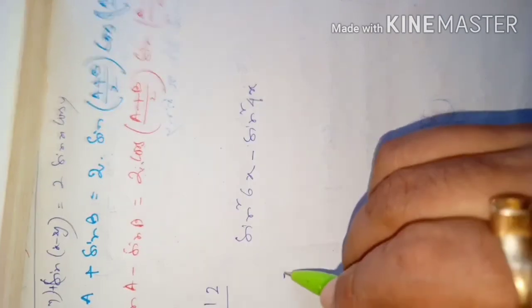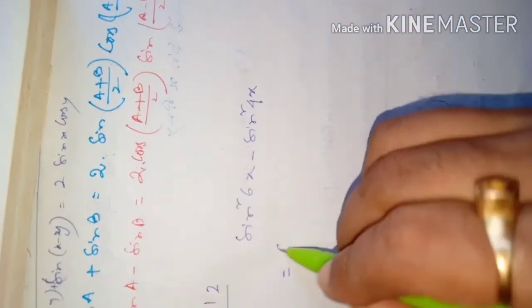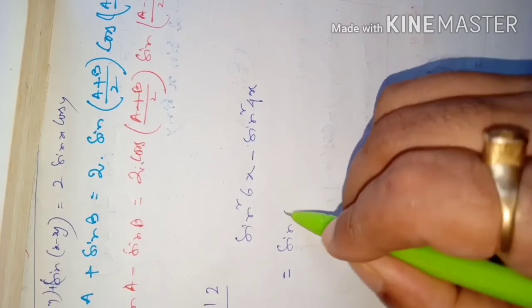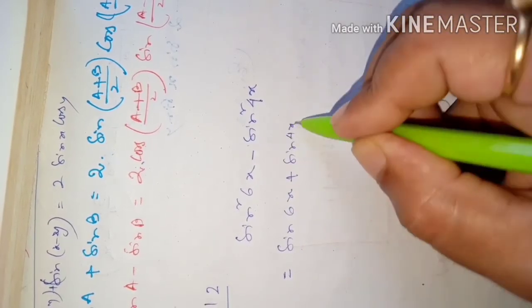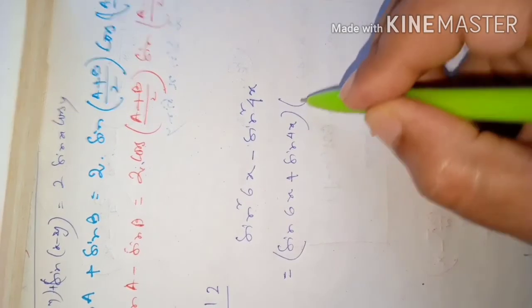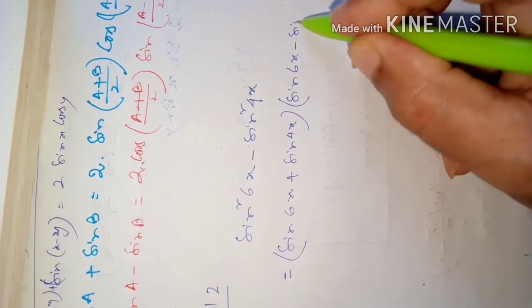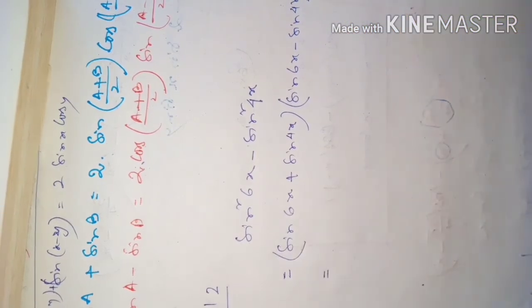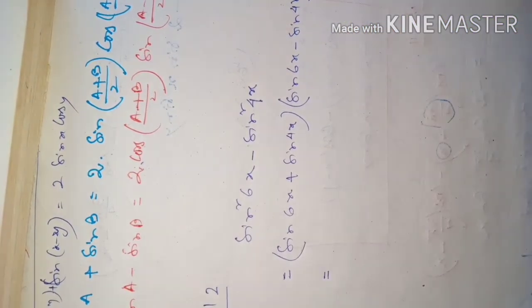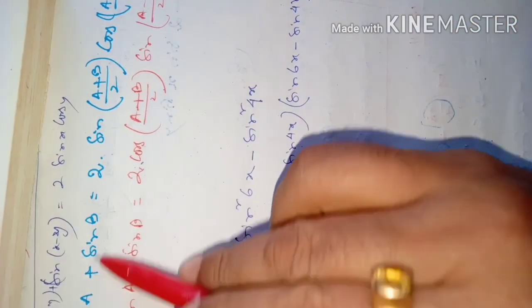We'll have to get this. Suppose we apply here the a square minus b square formula, then it will be a plus b, that is sin 6x plus sin 4x, into a minus b, that is sin 6x minus sin 4x. Sin 6x plus sin 4x resembles sin a plus sin b.